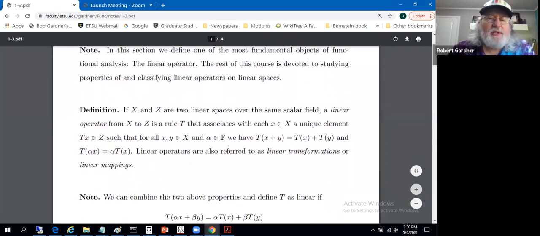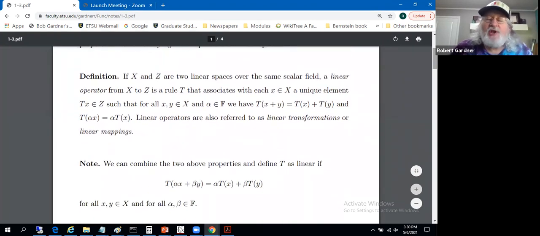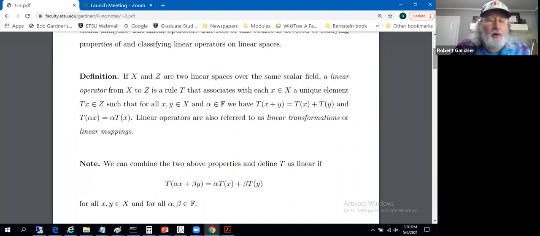So we'll set up some general definitions in this section and chat about how you've seen a lot of this stuff before in sophomore linear algebra.